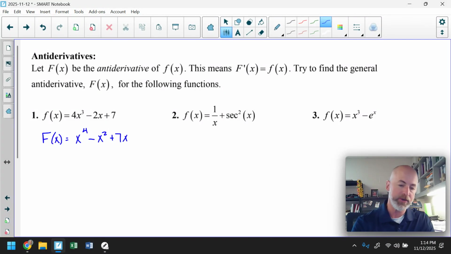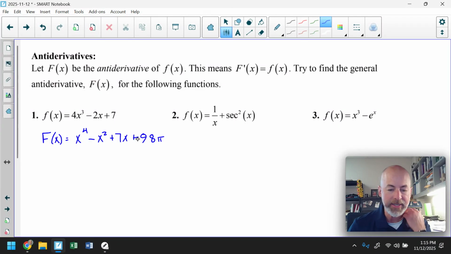So the antiderivative of 4x cubed minus 2x plus 7 is that, except I could put a plus 4. And the derivative of that capital F is still this little f. I could put plus a 9, 98, pi.